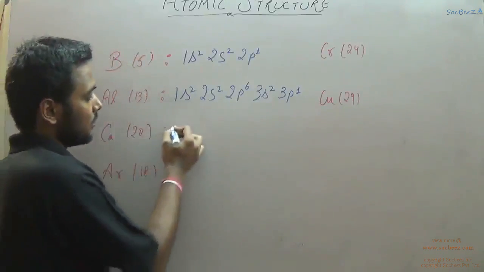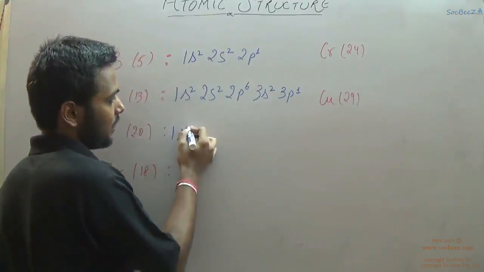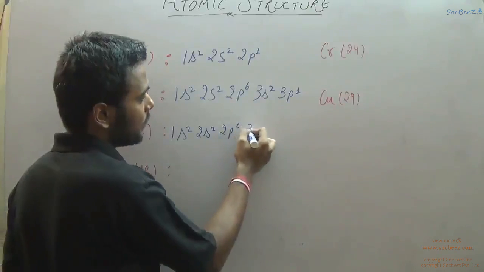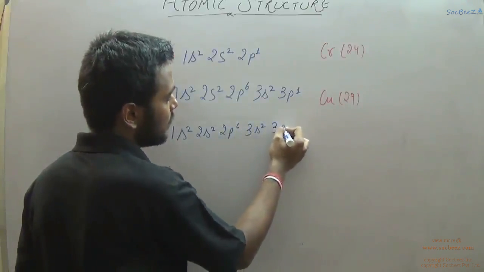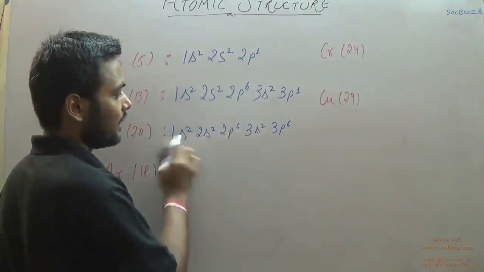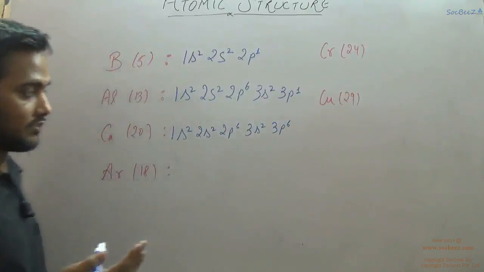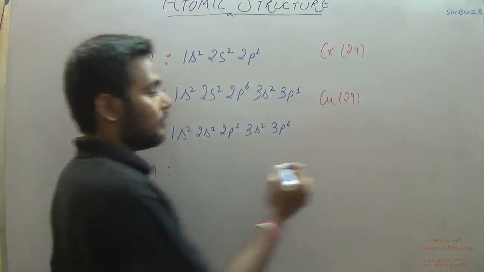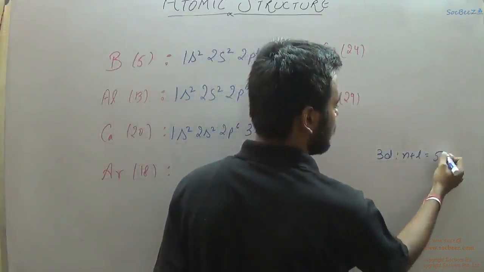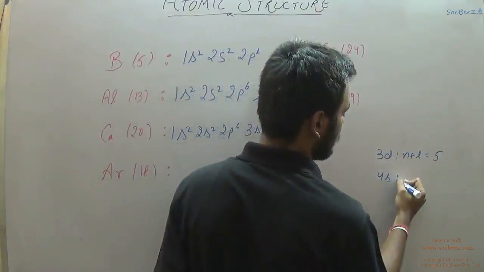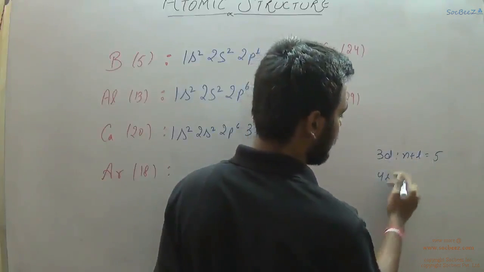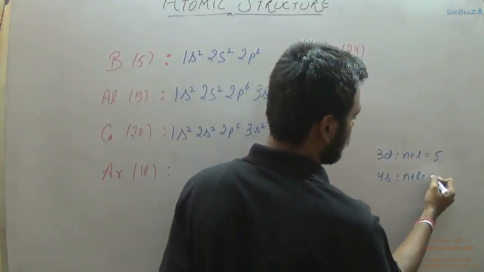For calcium, the electronic configuration is 1s2, 2s2, 2p6, 3s2, 3p6. So there are a total of 18 electrons so far. Now 2 electrons are left. Remember, for 3d, n plus l equals 5, and for 4s, n plus l equals 4.